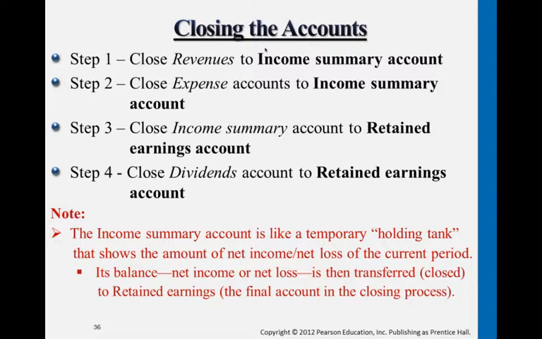This is the second step. Again, the purpose is to zero out balances. That's why we're doing this, just copying the exact same information there to cancel out this account. So after this journal entry, this account balance goes back to zero. When it starts on January 1st, 2013, it will start from zero.